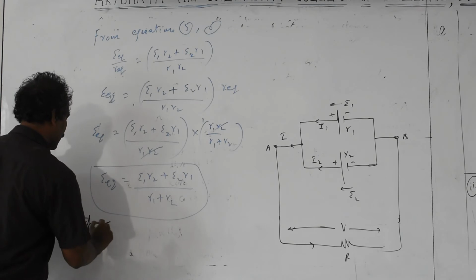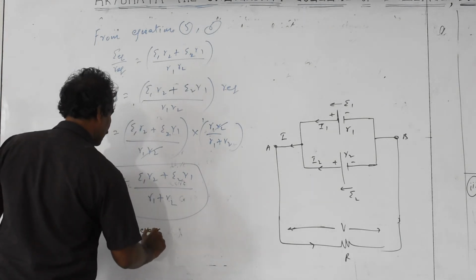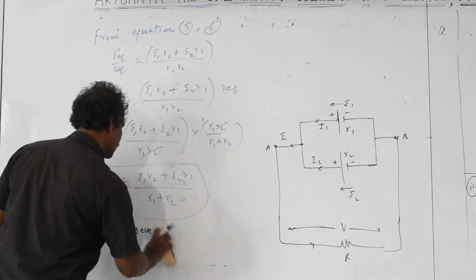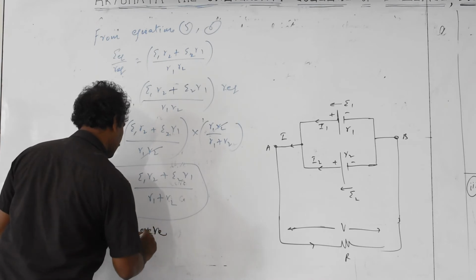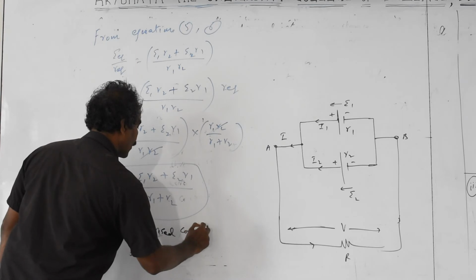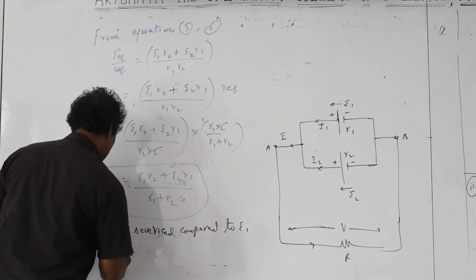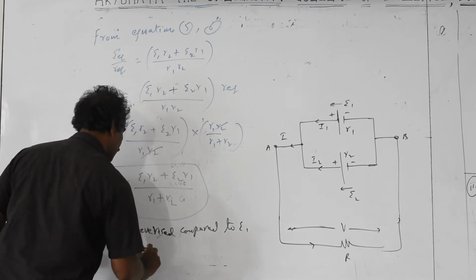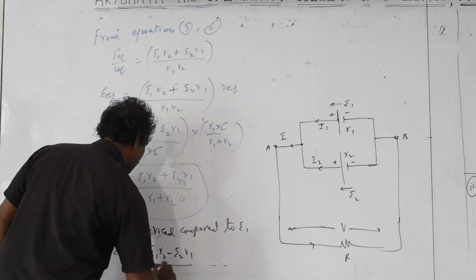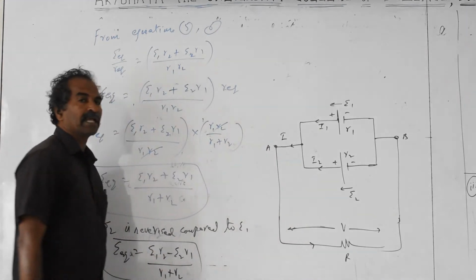If E2 is reversed compared to E1, then E equivalent is equal to E1 R2 minus E2 R1 by R1 plus R2. And current direction will depend on the larger EMF.